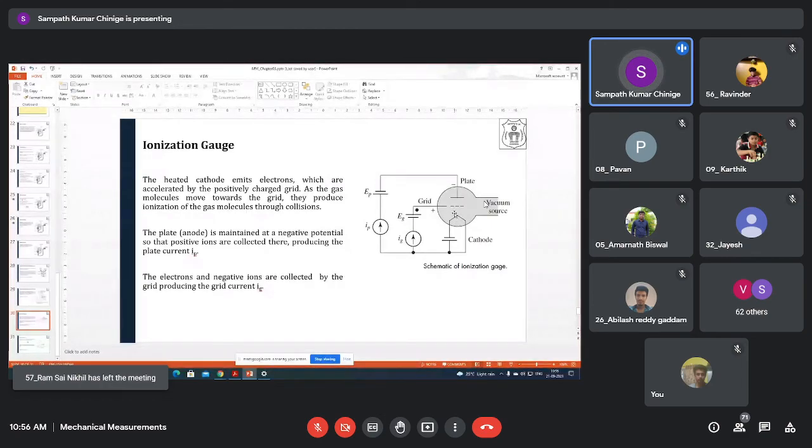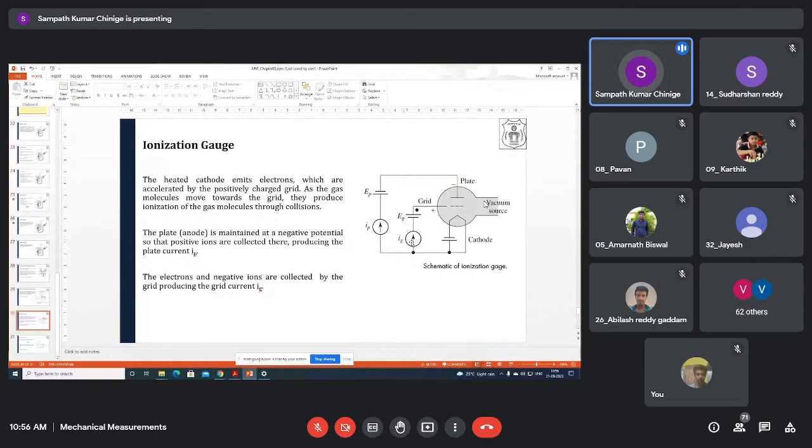Because of this acceleration, the ionization happens within the gauge, creating positive and negative ions. The positive ions are taken care of by the plate, so the number of positive ions creates the plate current, which can be measured by the galvanometer. Similarly, the electrons and the negative ions are collected as the grid current.